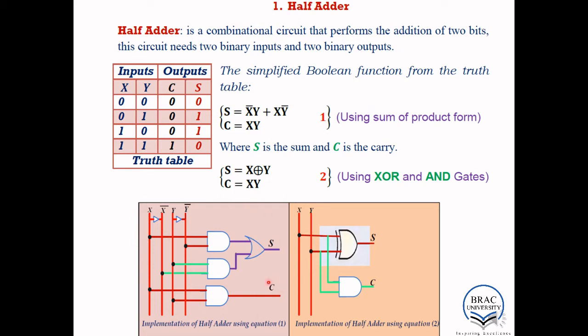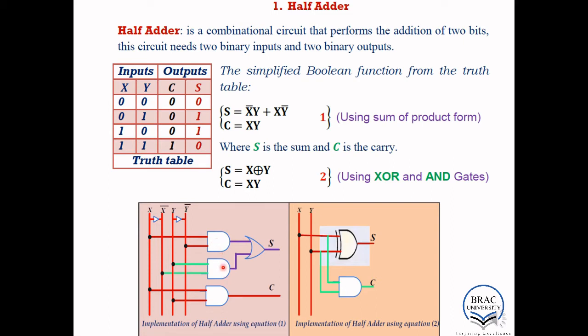The circuit representation will be like this, but for equation 2, the circuit representation should be like this. Here we have x prime y, so this is our x prime and y, and both go to one AND gate. Another is x y prime, so x and y prime both go to another AND gate.